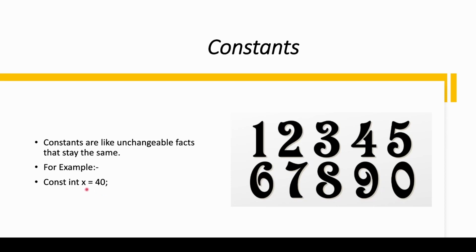So the value of x I declared as 40. If I want to change the value of x to 60, it is not possible. If I declared it as 40, it will remain 40 throughout the program.